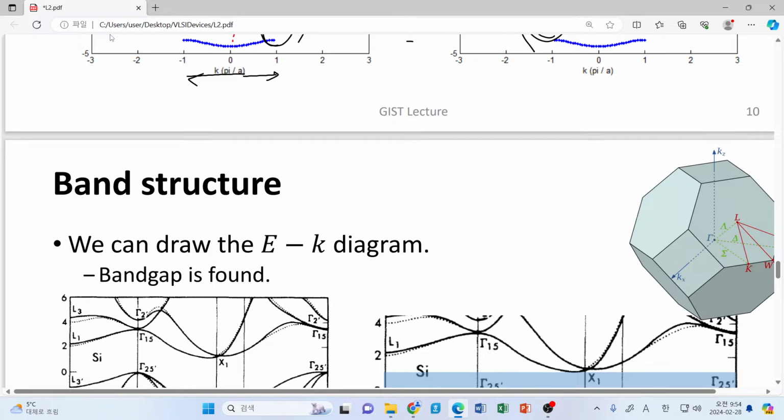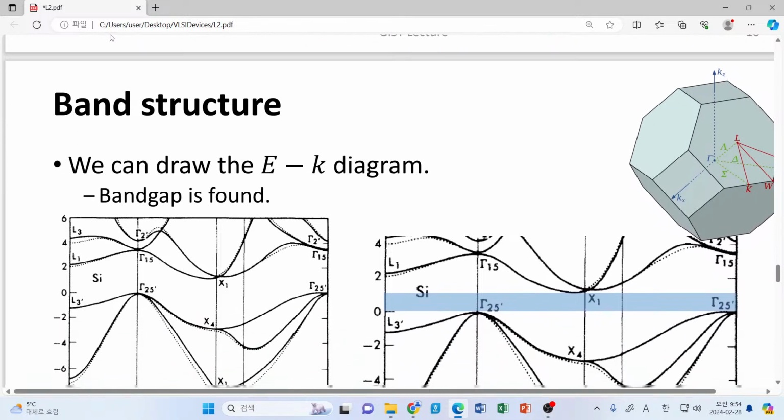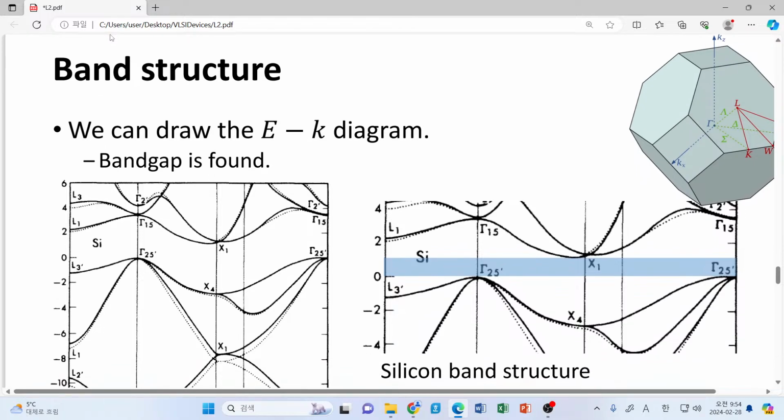They generate a periodic potential, and when we have a periodic potential, we can have different energy levels at the zone boundary. That corresponds, in general, to the gap inside our E-k diagram.